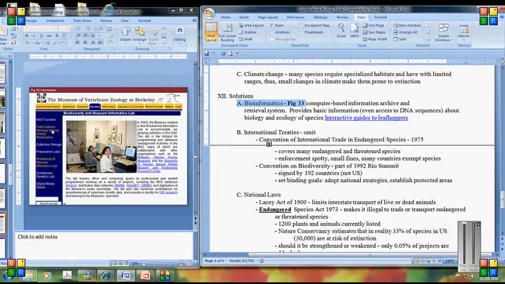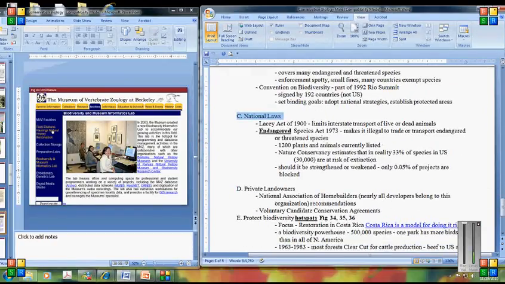International treaties. We'll just leave it at that, that there are international treaties and so forth. These have largely failed. People sign on, but there's little enforcement. I want to focus more on our laws, and one in particular, the Endangered Species Act of 1973, is important to know. This makes it illegal to trade or transport endangered or threatened species.